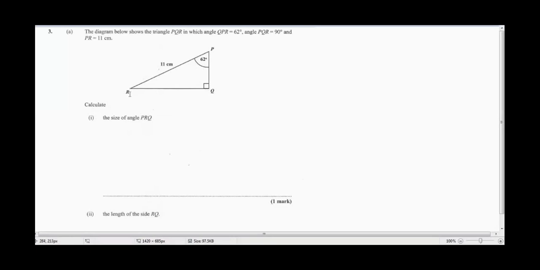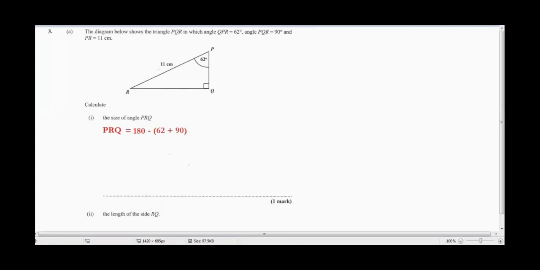So we need to find angle R. So to find PRQ now, we can say PRQ equal 180 degrees because the sum of a triangle, the interior angles equal to 180 degrees, right? So what we're going to do now is to add all the known angles and take it away from 180 degrees.